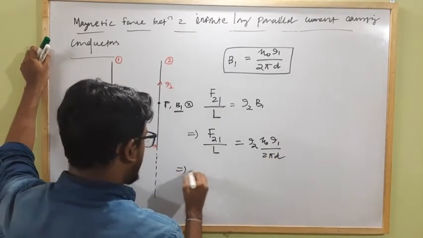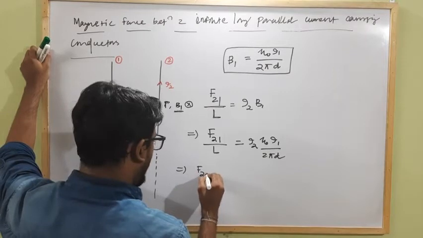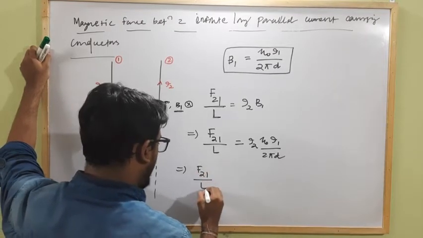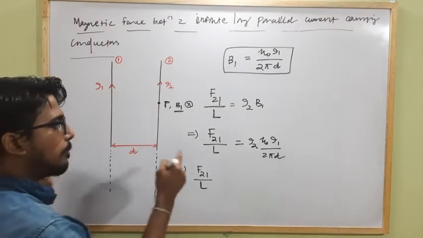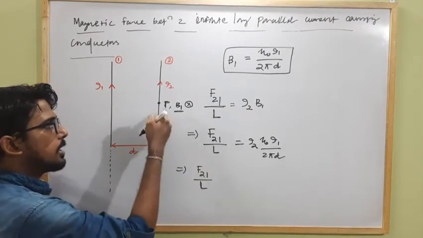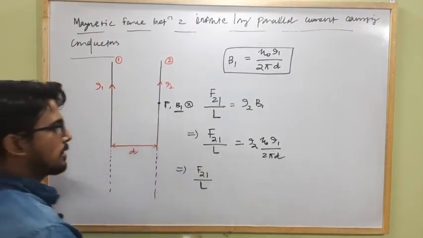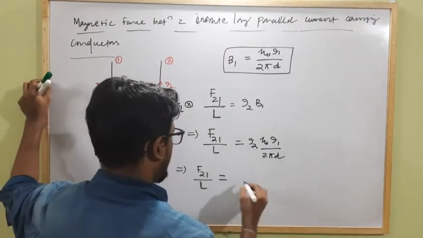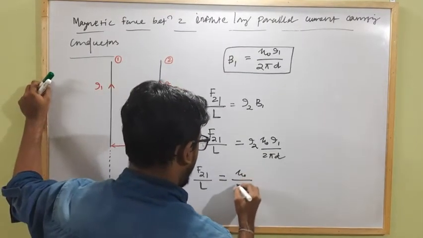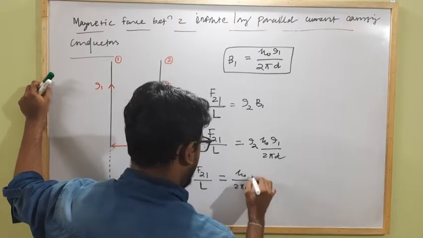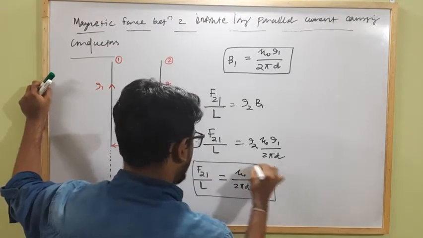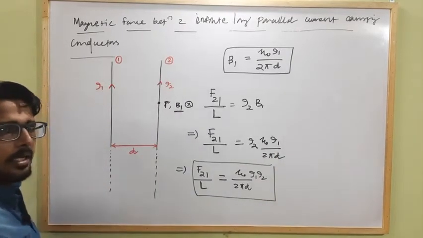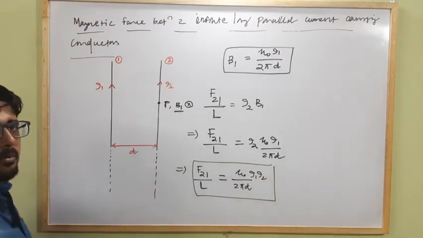So this implies the force acting on conductor 2 due to 1 per unit length, as this is an infinitely long straight conductor, is equal to mu naught divided by 2 pi d into I1 I2. Clear? Okay.